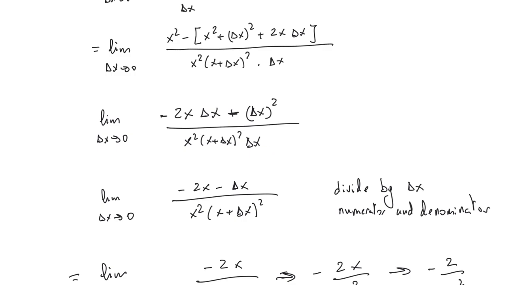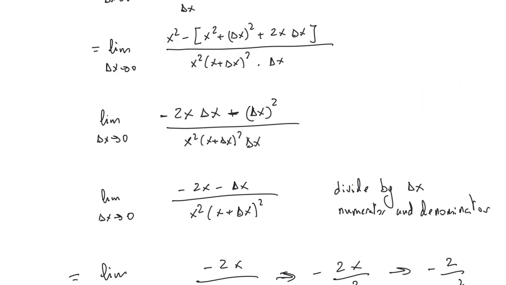Now, if you divide the numerator and the denominator by delta x, this delta x will disappear, and this delta x squared will become only delta x. So it will be the limit when delta x tends to 0, when the point approaches the point x, of minus 2x minus delta x divided by x squared times x plus delta x squared.